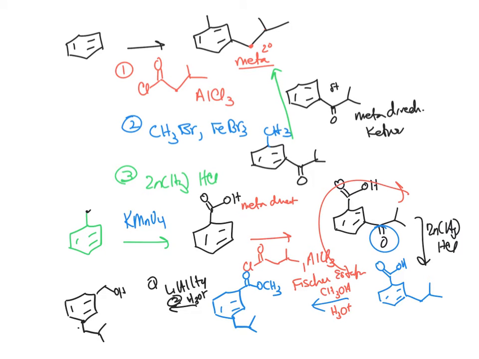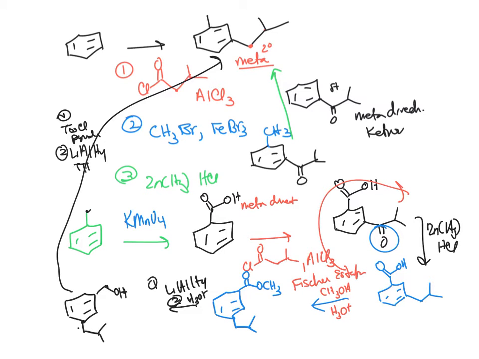Okay, so that gives you a primary alcohol, and then to go here, you would have to do tosyl chloride and pyridine, and then do lithium aluminum hydride again. Because remember, you can make a tosylate, and then the hydride could make that a methyl group, and that would give you your product.